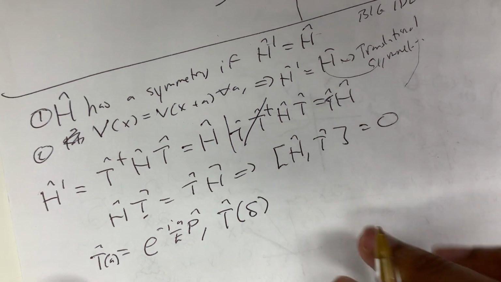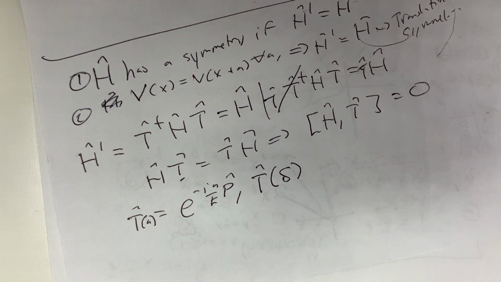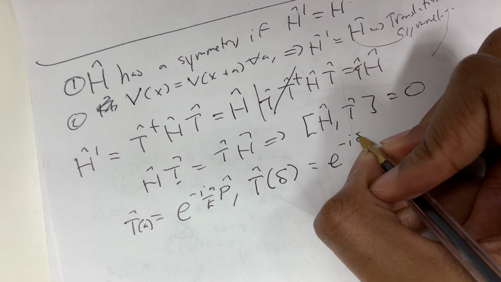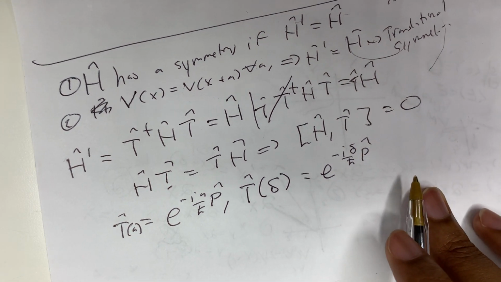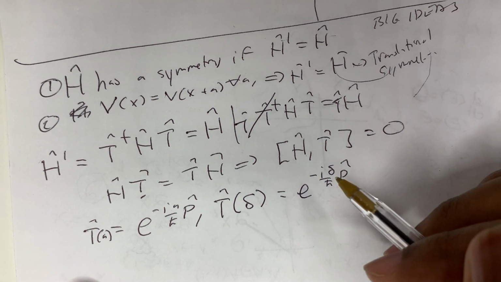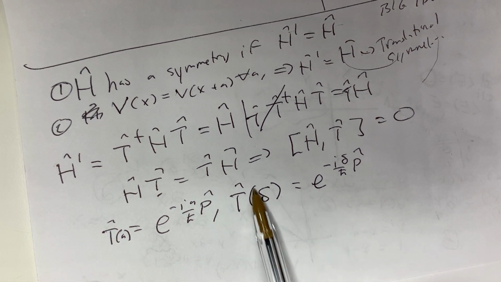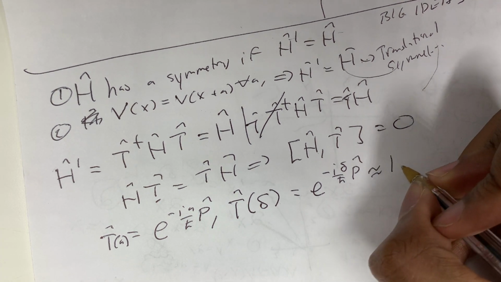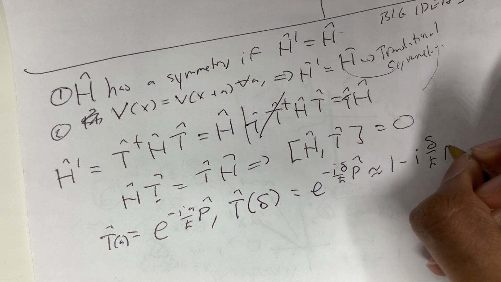So the infinitesimal translation just equals e to the minus i epsilon over h bar p hat, and this is going to be approximately equal to 1 minus i epsilon over h bar p hat.